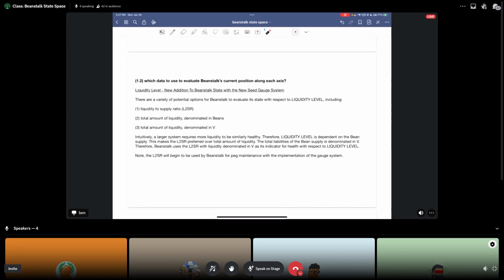And similar to debt level, we could measure the liquidity to supply ratio, or we could measure the total amount of liquidity and denominate it in beans or V. And in a similar way to debt level, the larger the system is, the more liquidity it needs to be similarly healthy. So from that perspective, the liquidity to supply ratio makes the most sense.